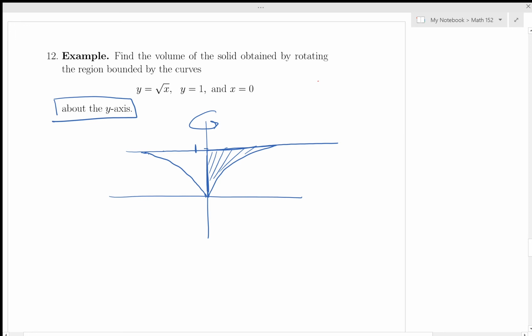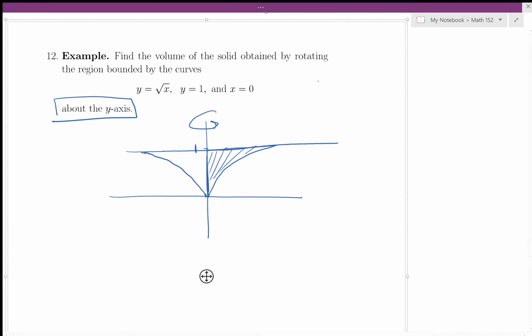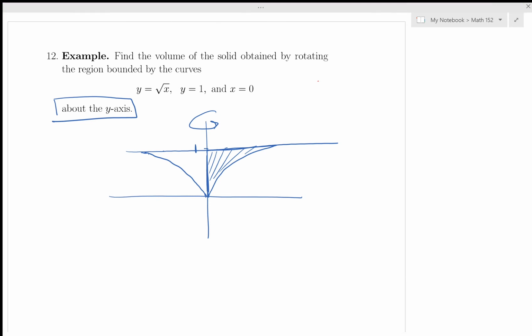And the cross section will be circular. I'm going to show you where the circular cross sections are here. So I've rotated around the y-axis. So when I cut perpendicular to the y-axis, I will always see circles here.